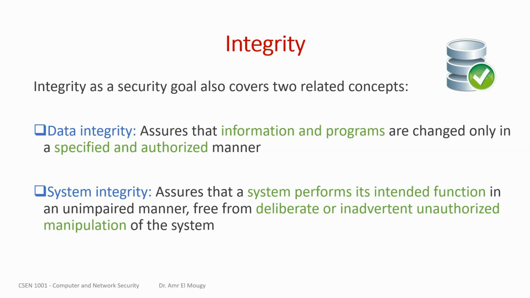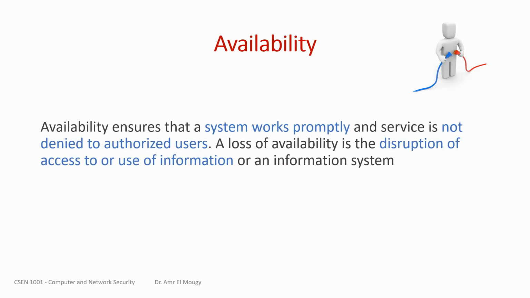Whereas system integrity refers to the actual applications on the system, that the system performs its intended function. If you have, for example, a calculator that adds 2 plus 2, you want to find that the answer is always 4. It doesn't sometimes produce an answer which is 5 or something like that. This is what system integrity means.